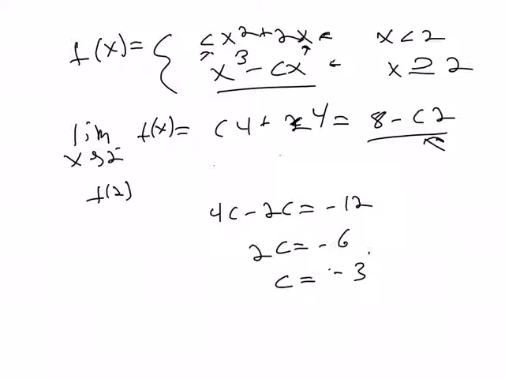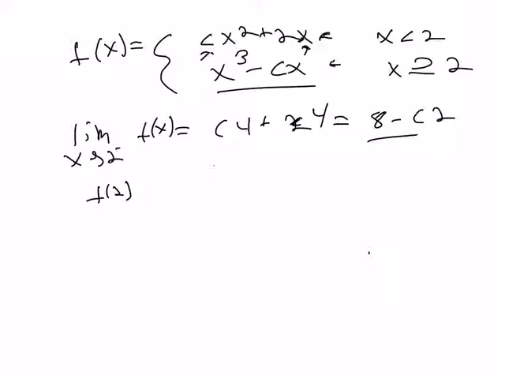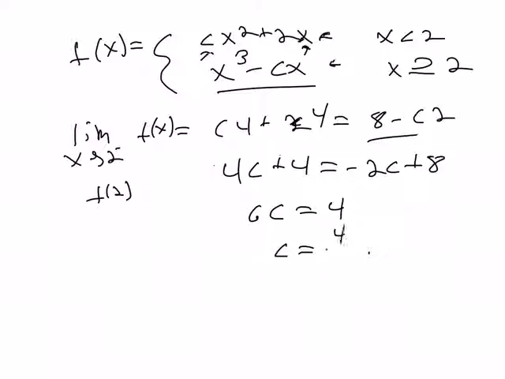Okay, let's try this one again. So 4c plus 4 is equal to negative 2c plus 8, or in other words, we want 6c to equal 4, or c to equal 4 over 6, which is equal to 2 over 3.